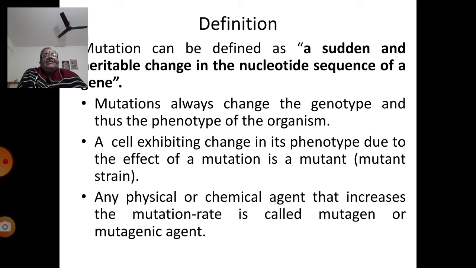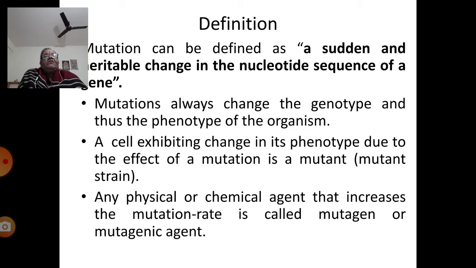So if there is a change in the nucleotide sequence, that becomes a heritable change leading to the mutation. By now you know that there are 4 nucleotide bases which go into the formation of DNA: A, T, G and C, right? Then mutations always change the genotype and therefore the phenotype of an organism.